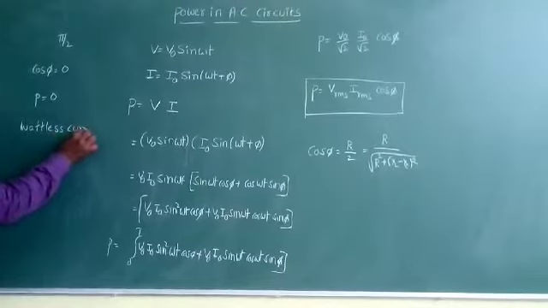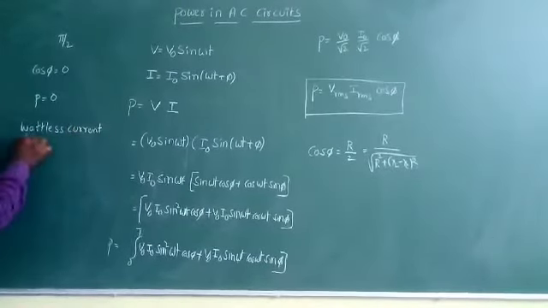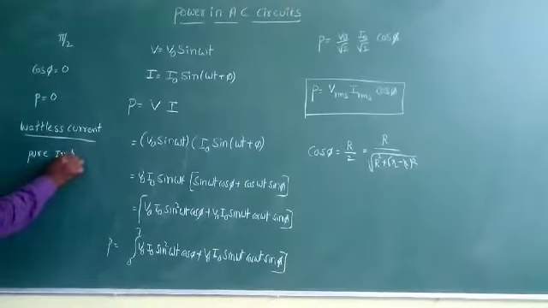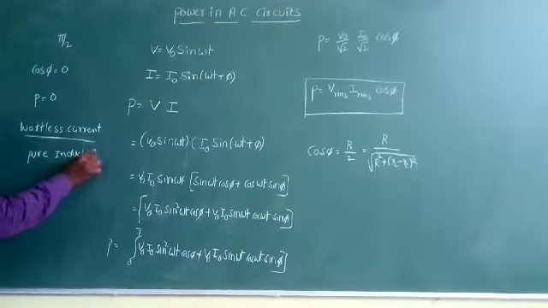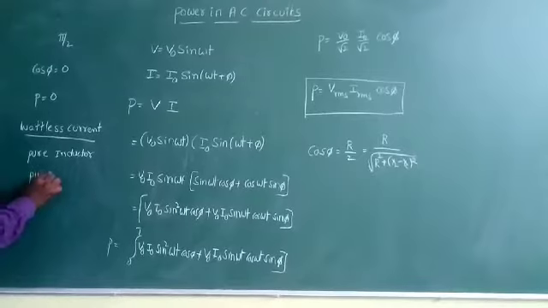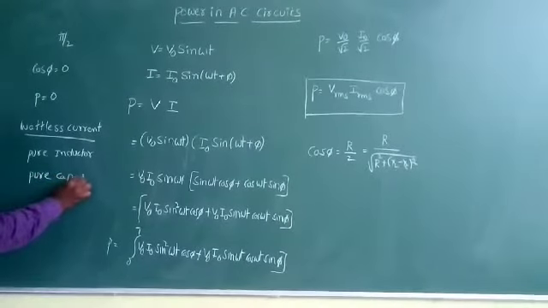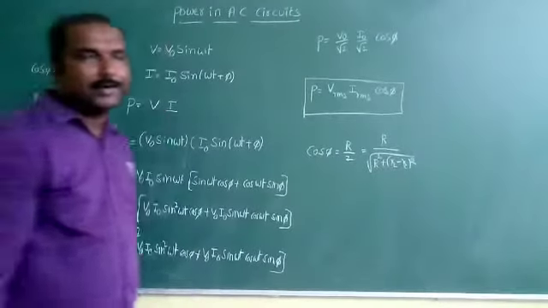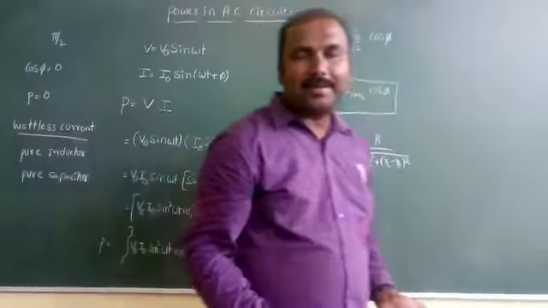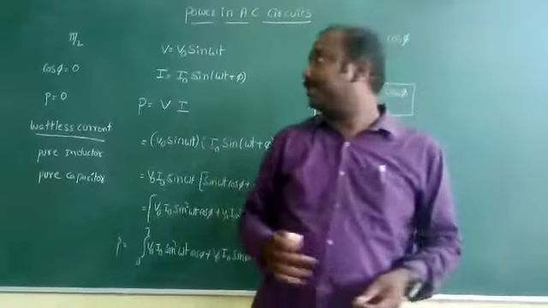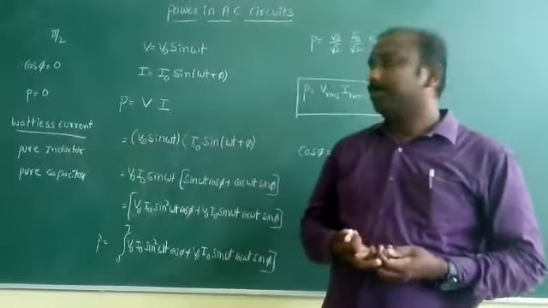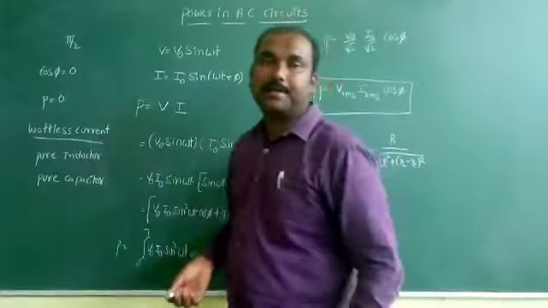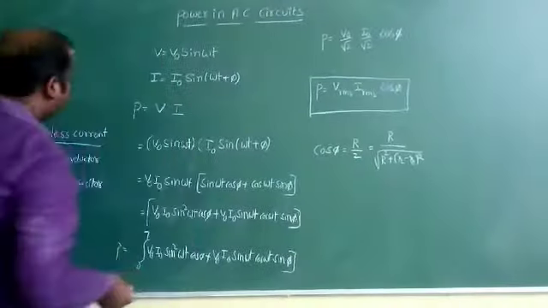What is the meaning of wattless current? The current which is passing through a pure inductor and pure capacitor, such a current we call a wattless current. Or the voltage and current differ by 90 degrees. In such a case, power factor is 0 and power consumption is 0, and such a current is also called wattless current.